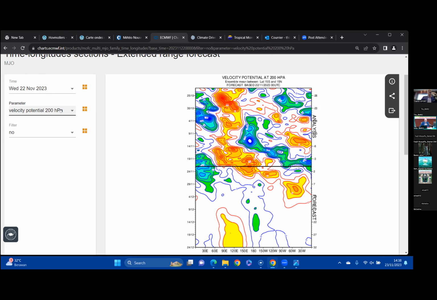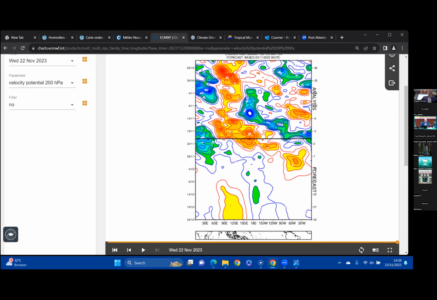So what is forecast? Of course, when it is forecast, there is some spread of the ensemble. It's not an analysis, so you will never expect the same dark colors because there is a spread. But a first indication is that we said that the MJO would cancel the subsidence of IOD and El Niño, but there is no dark green.